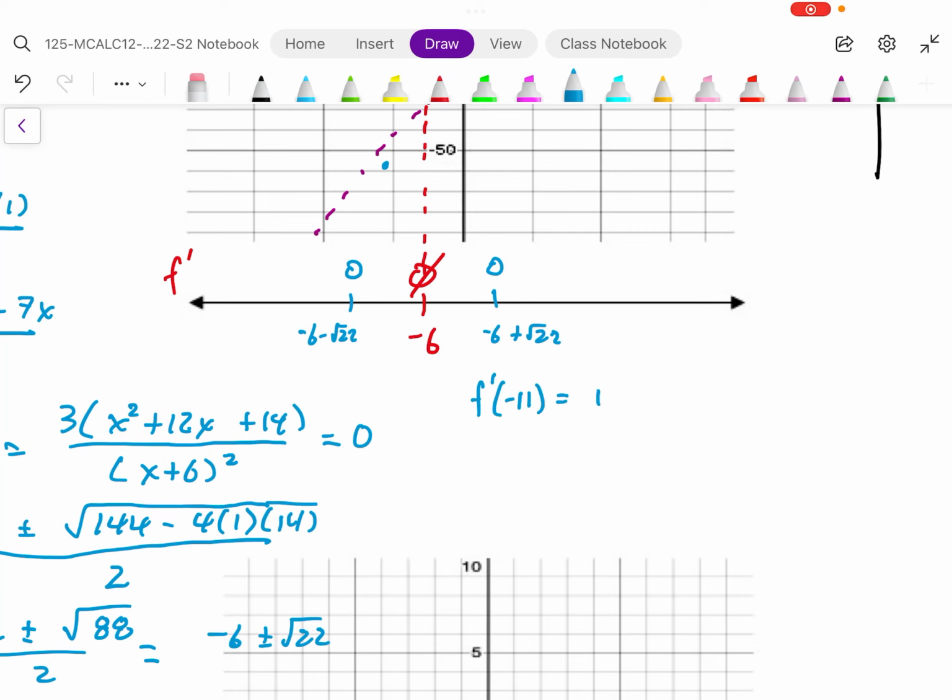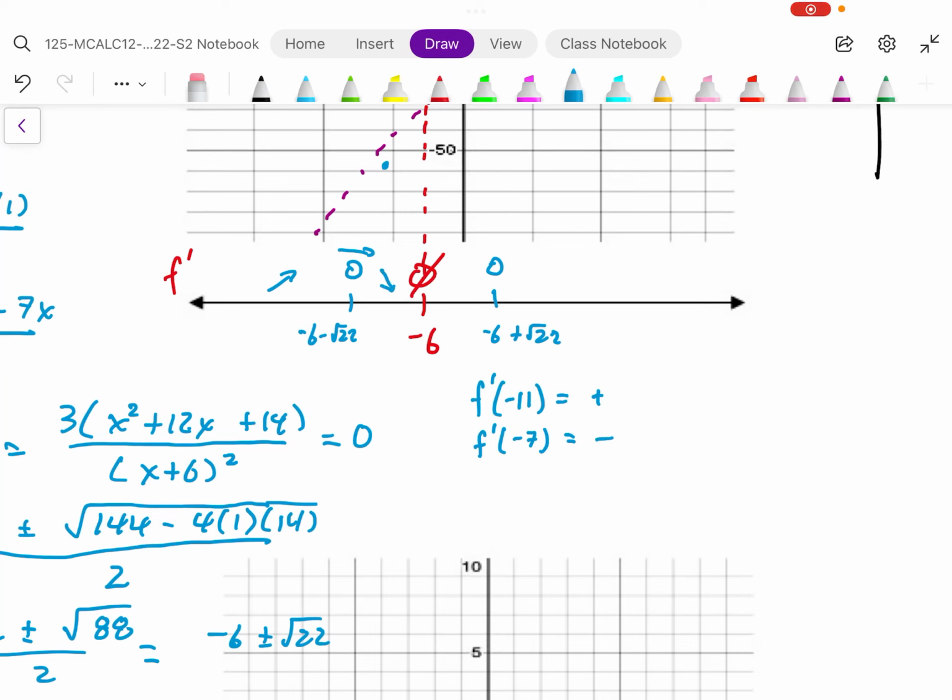That's going to give me a positive value. So it's going to give me positive slope through here, then a zero slope. I'm going to choose some point between negative 10 and negative 6, so maybe negative 7. Plugging that in, I end up with 49 minus 84 plus 14 in the numerator. The denominator is always positive, so I'm just going to work out the sign as negative.